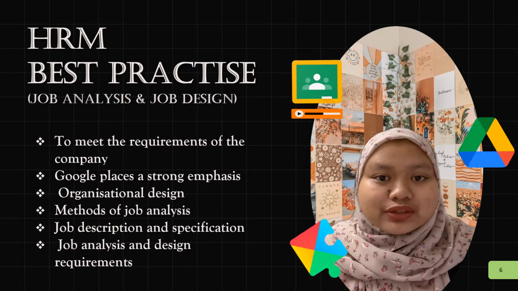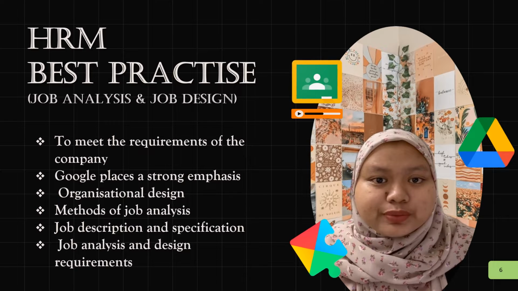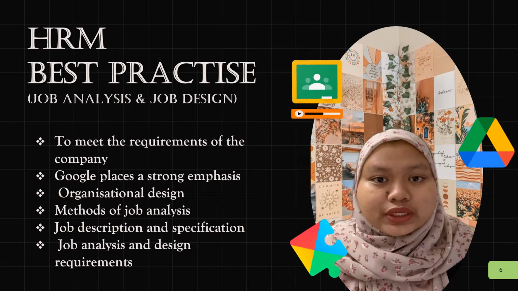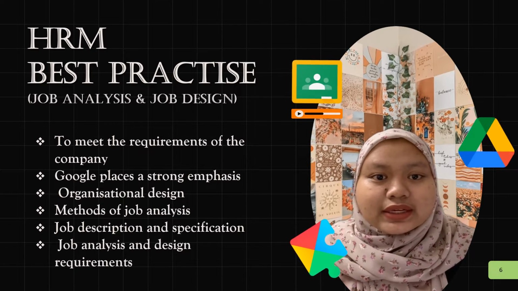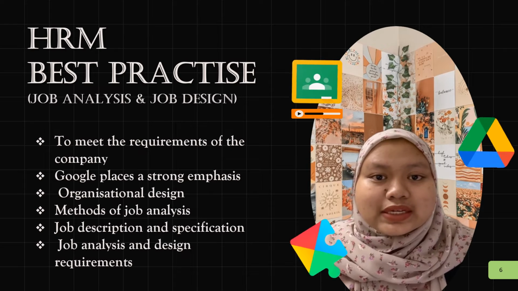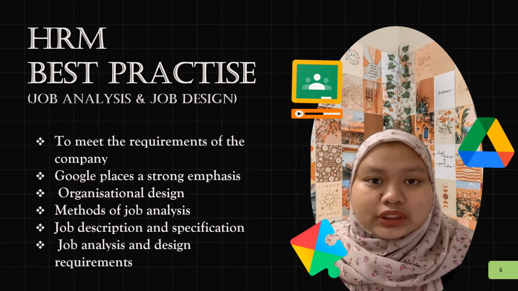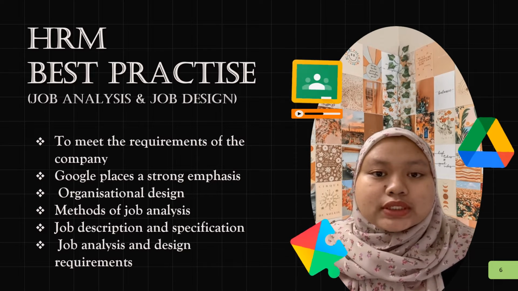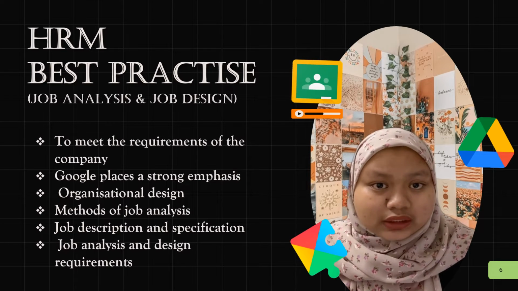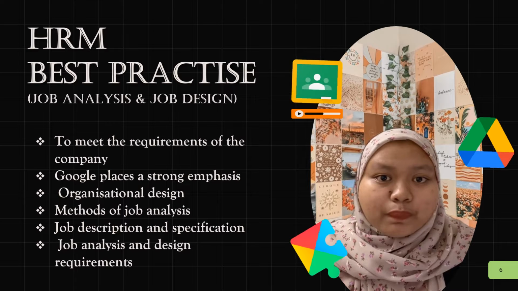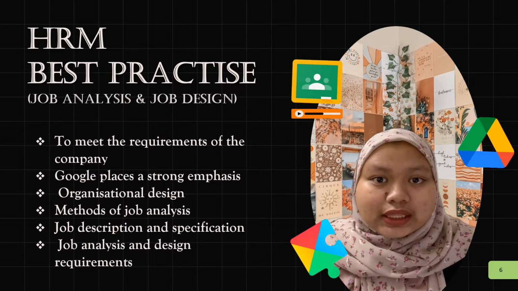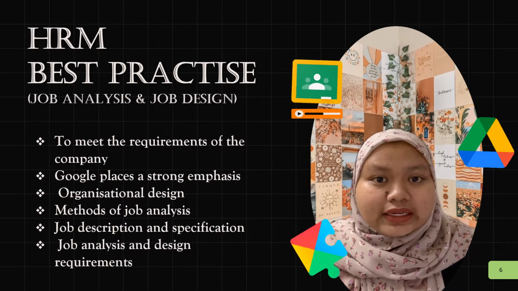Google places a strong emphasis on certain attributes in all of its employees, including smartness and desire for excellence, and includes these requirements in the job descriptions of every position. The resulting job descriptions are very different from one another. While the former tend to be very brief and general, the latter are often very lengthy and explicit.